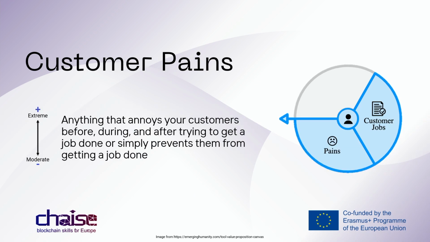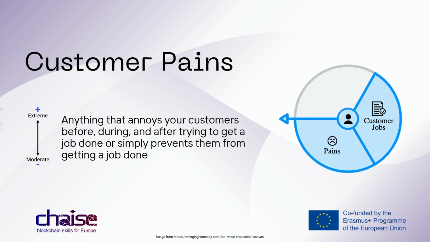The next aspect is to consider customer pains. Customers want to get their job done. Anything that annoys your customers before, during, or after trying to get a job done, or simply prevents them from getting the job done, is a pain.